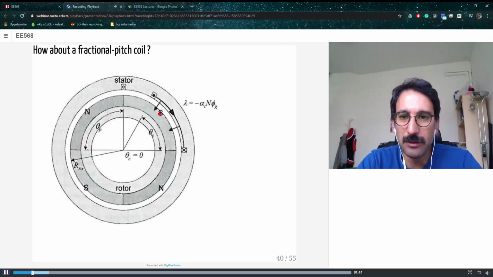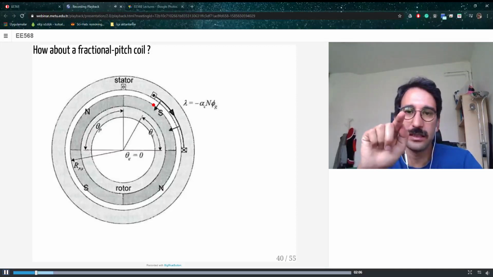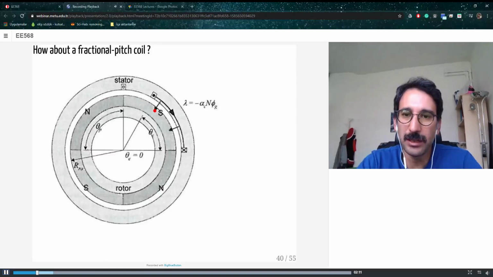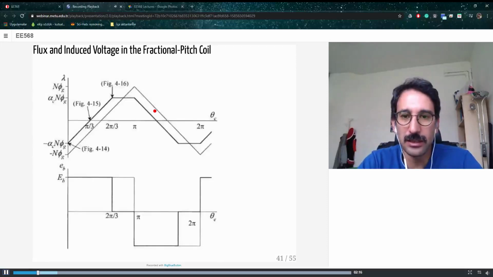Here, for example, you have a maximum value, so all the coils are linked by the south pole, and if you rotate the rotor clockwise, the coils will still see just the south pole magnet, so the flux linkage will increase, then stay constant for some time until the north pole comes into the coil. From then on you will have a reduction.